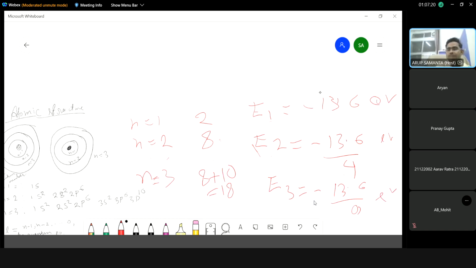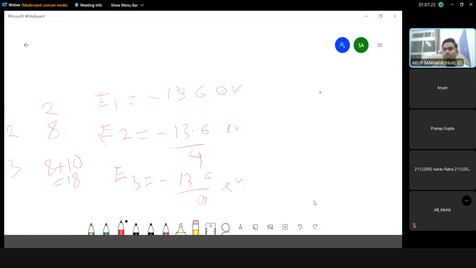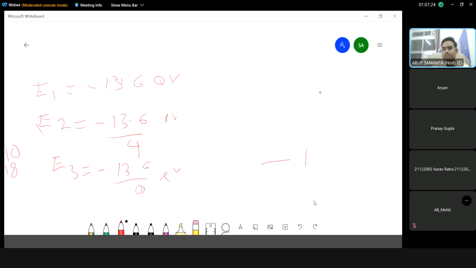If you plot this energetically from the lowest level, minus 13.6 electron volt, then you have minus 3 point something electron volt, then 13.6 divided by 9, about 1.5 electron volt. These are negative values. This is the lowest, deepest level, then higher levels are there.